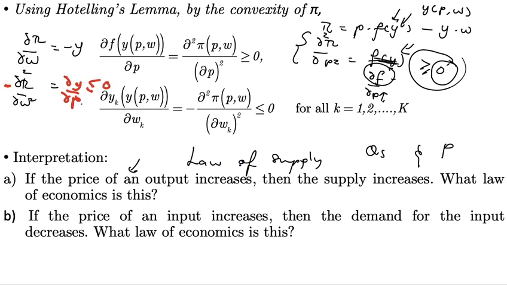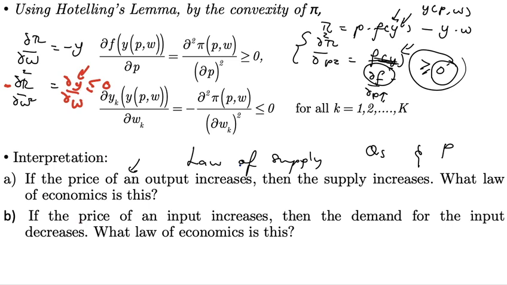The relationship between the price here, not the price, sorry, there's a mistake there. Not the price, but the price of input and not just P. The price of input here, the change in the price of input leads to the reduction in input.